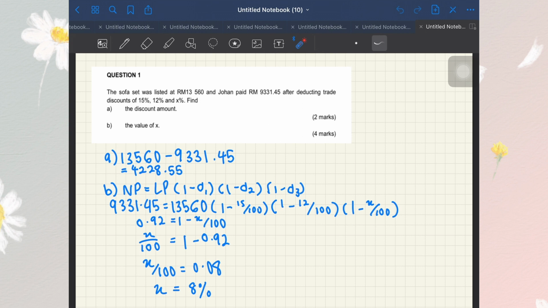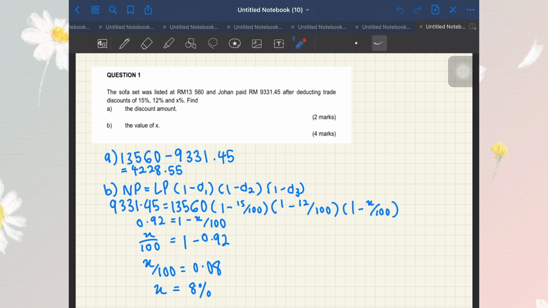So you put the numbers given by the question into the formula: the net price is 9,331 ringgit and 45 cents, which is the price that Johan paid, and the list price 13,560 times (1 minus 15%), which is a discount, (1 minus 12%), also a discount, and (1 minus X%), the discount that we need to find. If you simplify it, you will get 0.92 equal to 1 minus X per 100.